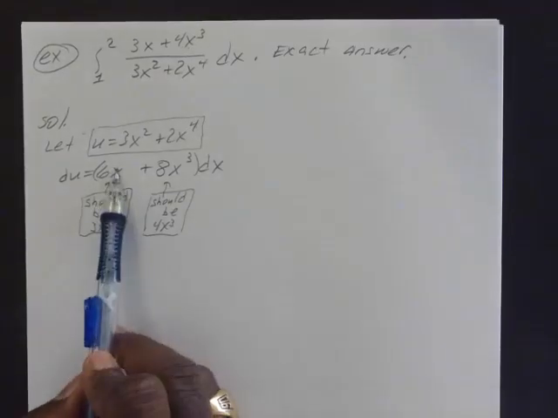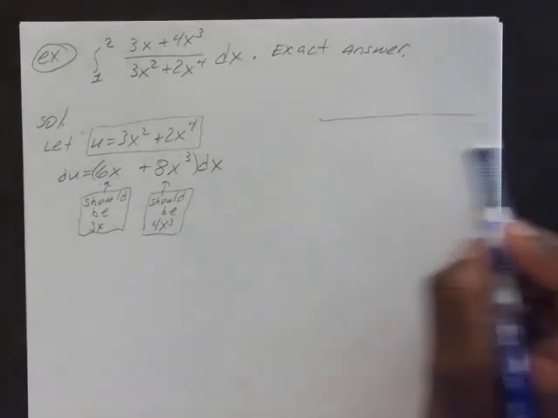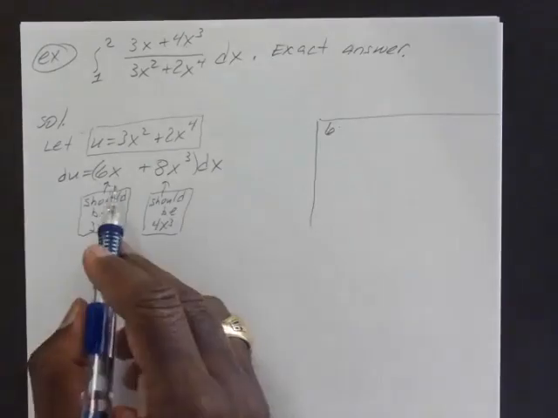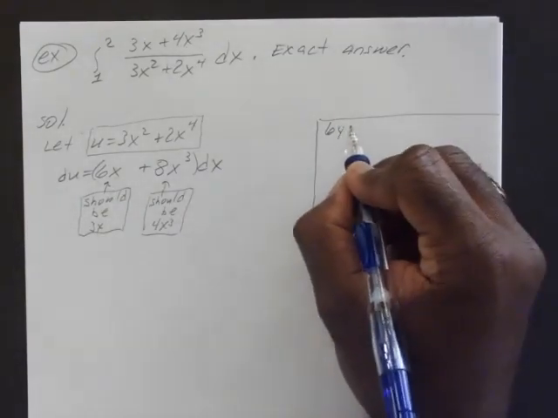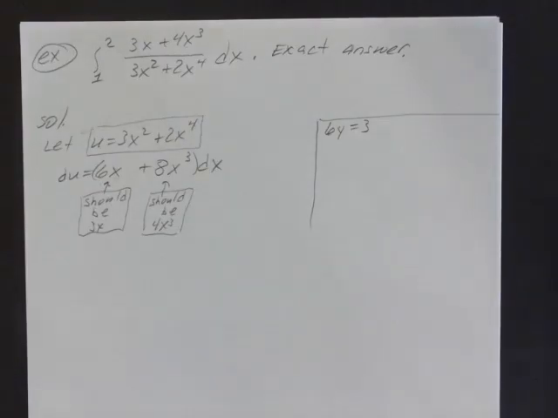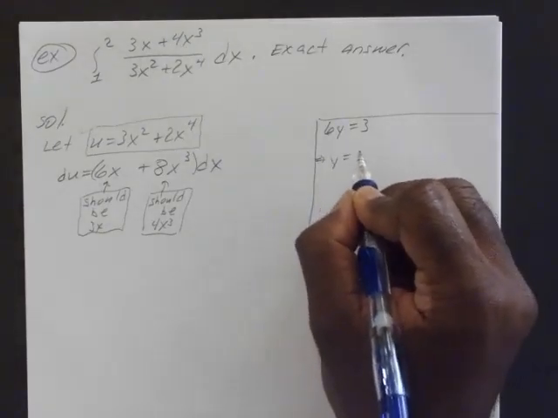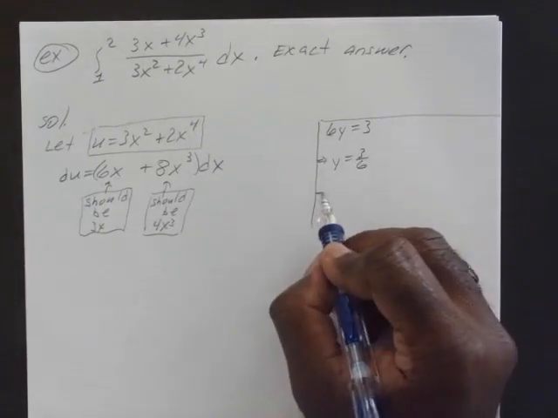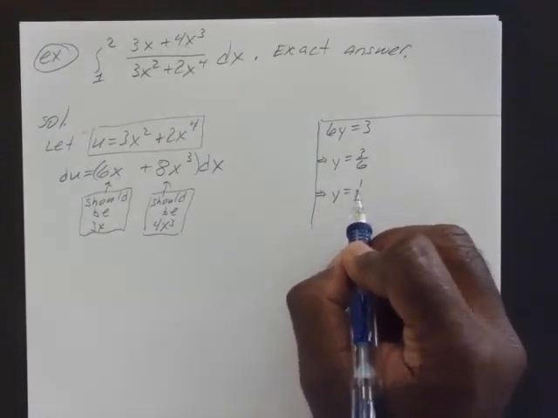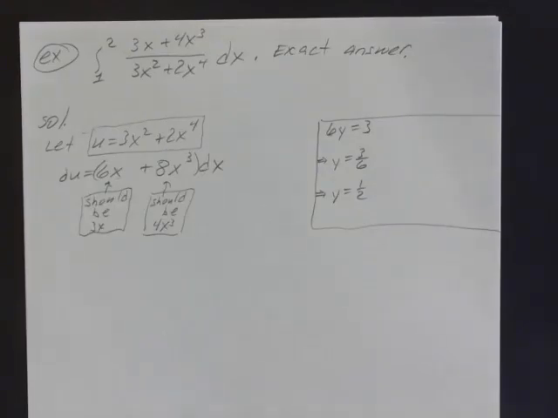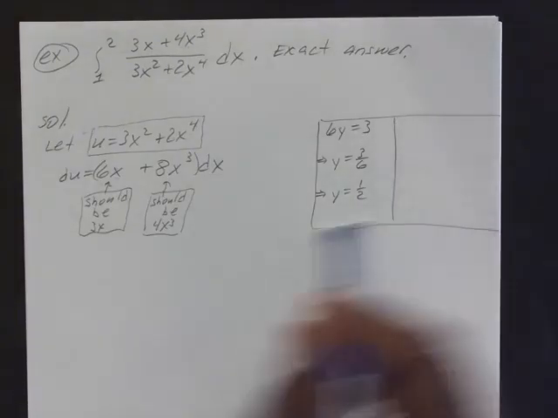Okay, so since this should be 3x, we want to find what number times 6, and we can't use x, so let's say 6y, would make that equal to 3. So if we divide both sides by 6, we have y is equal to 3 over 6. Simplify that, we have y is equal to 1/2. Same thing here.